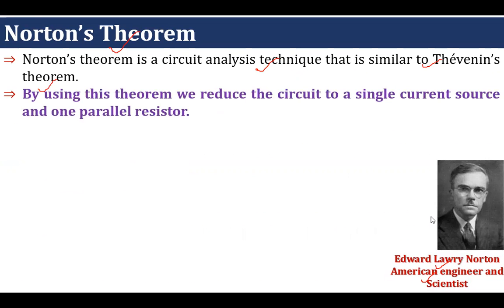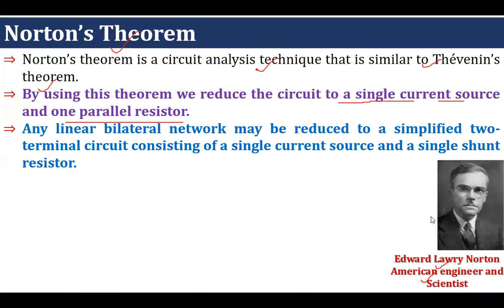By using this theorem, we reduce the circuit to a single current source and one parallel resistor, also known as a shunt resistor. In a typical definition, any linear bilateral network may be reduced to a simplified two-terminal circuit consisting of a single current source and a single shunt resistor. Shunt means parallel resistor.